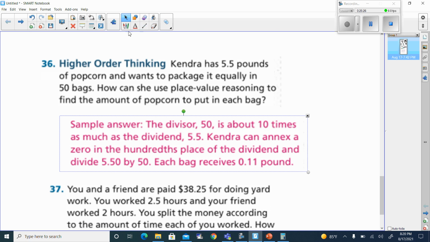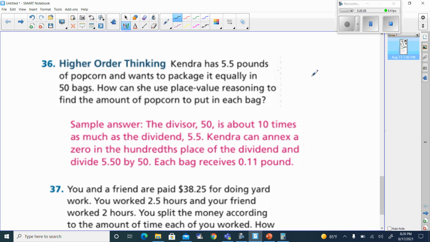Well, if I was to actually work out the problem, I would see that I would have 5.5, and I'm dividing it into 50. And I see that that's going to bring this over. So this is going to come over as well. I'm annexing a 0, I'm adding a 0 in here, right? So that's going to give me 55, right?